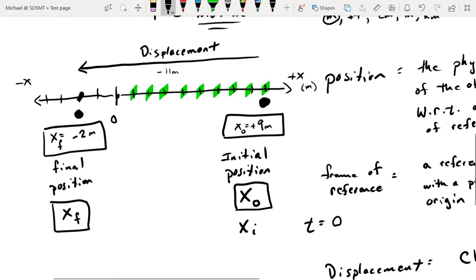Because that's the next step, is we want to be able to describe what's happening in these systems using mathematics. So how do I combine the initial and final position values in such a way that I produce a -11?